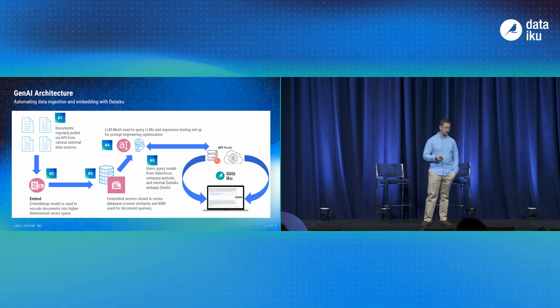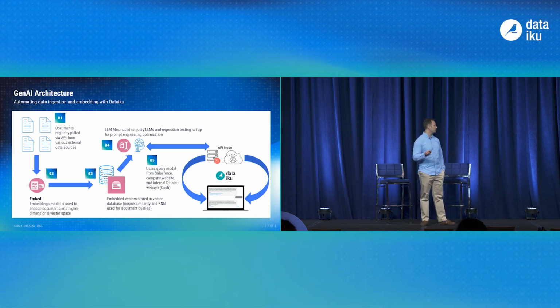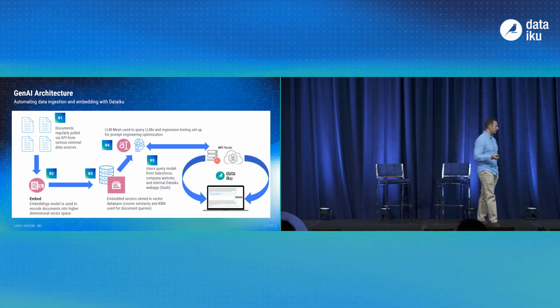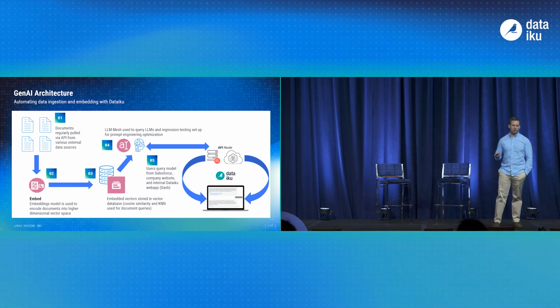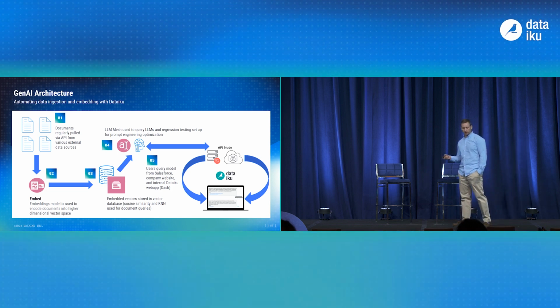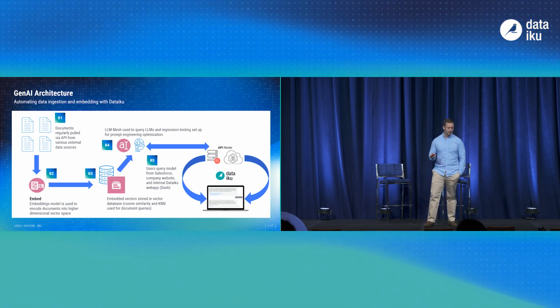So upon document ingestion, we leverage some of the Dataiku tools to build some vector stores. We tested through several embedding models before deciding on one, and I'll talk through that tuning process in the next couple of slides here.